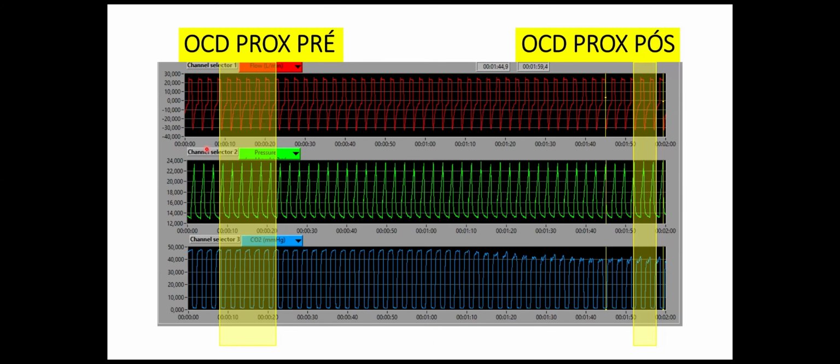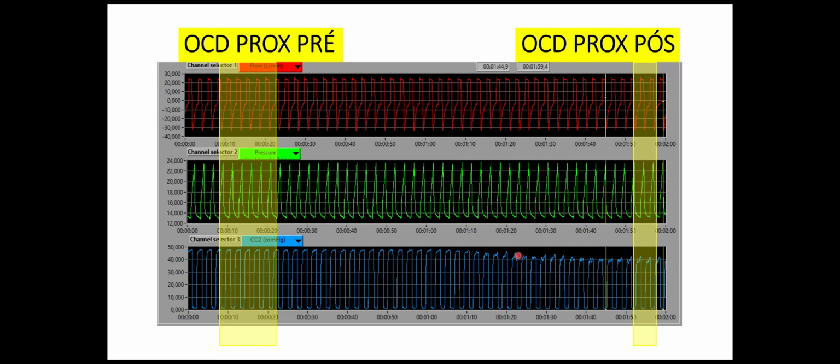Just to give you some feeling about this, this is what happened with your capnograph when you have the occlusion of the vessel. So this is the situation pre-occlusion. This is end-tidal CO2. And then right after the occlusion, we see a drop in the end-tidal CO2, which is going to cause a drop in the volumetric capnography.